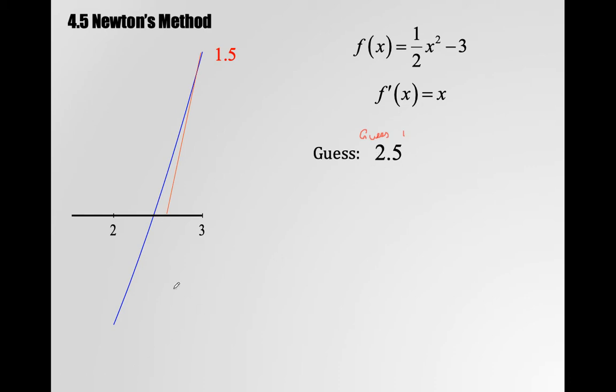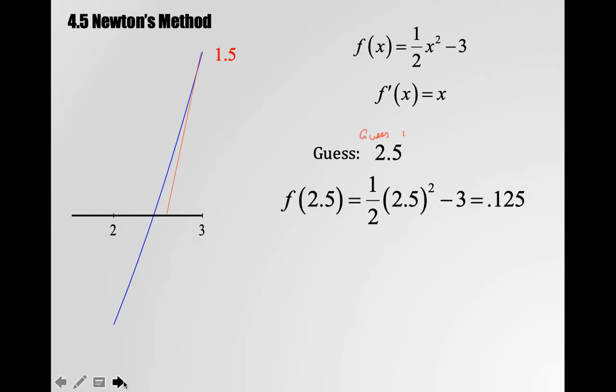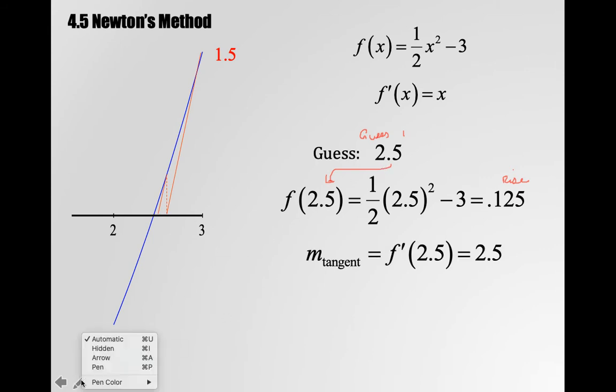The formula generated this first guess, so I'm going to take that guess, plug it back into the function to get my rise. Take my guess to the derivative rule to get rise over run.